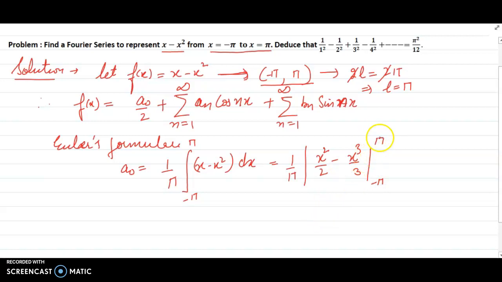On solving this, it is pi square by 2 minus pi cube by 3 minus pi square by 2 plus pi cube by 3.